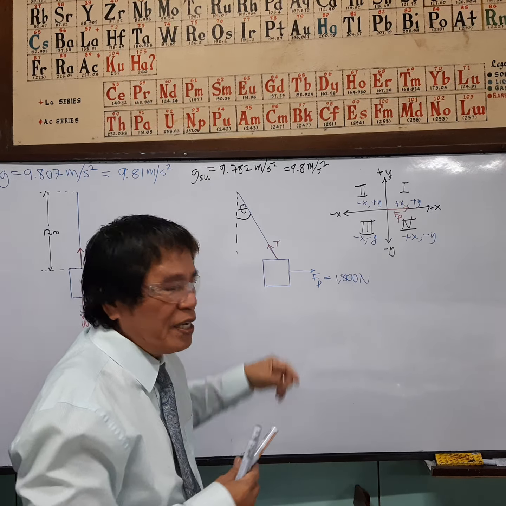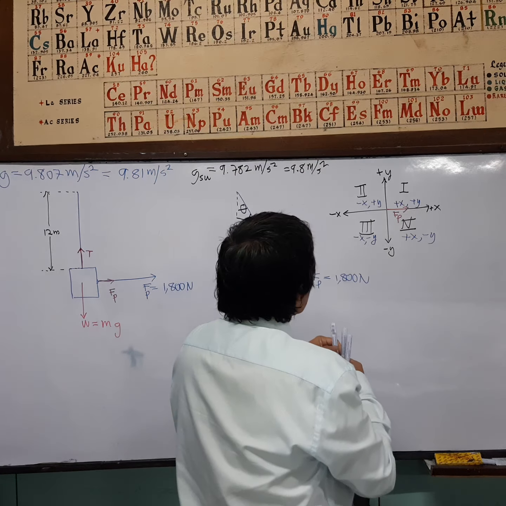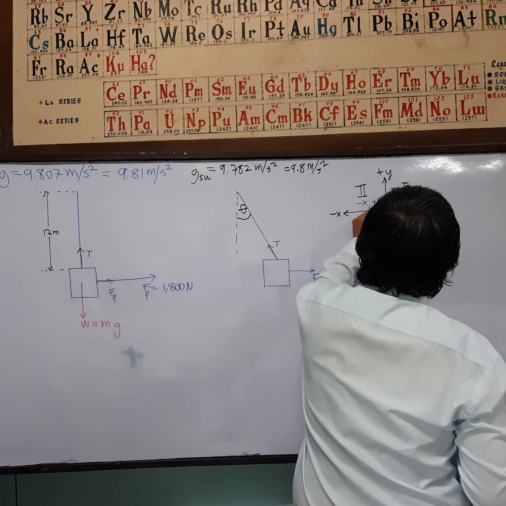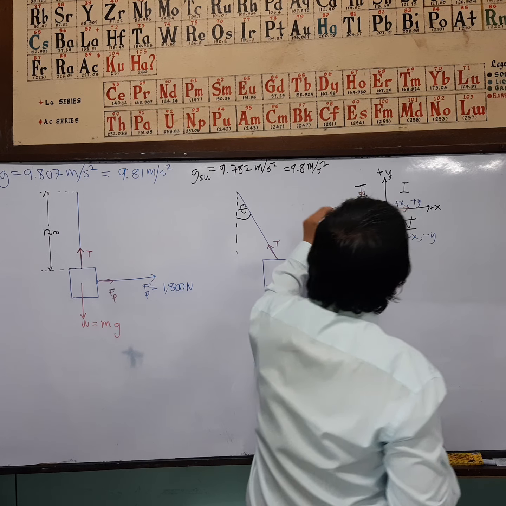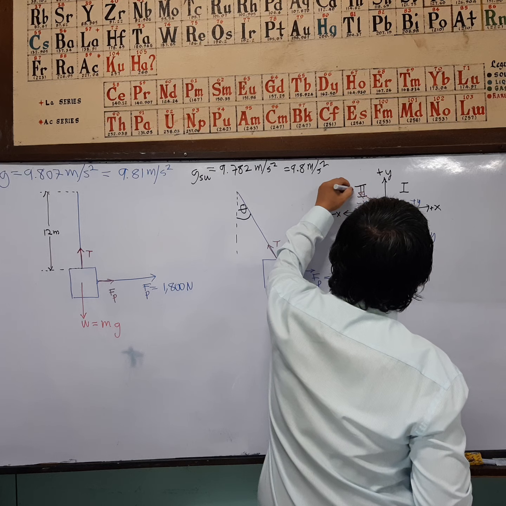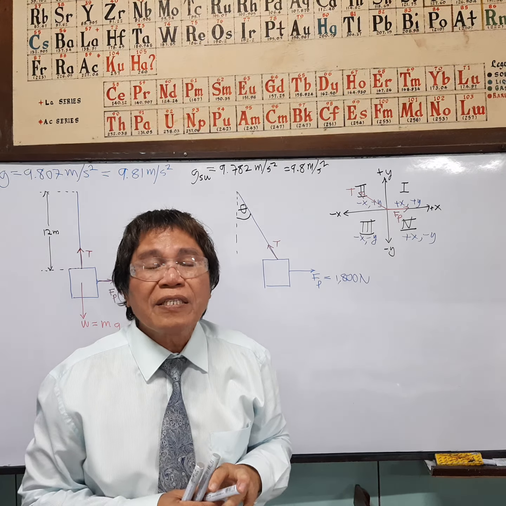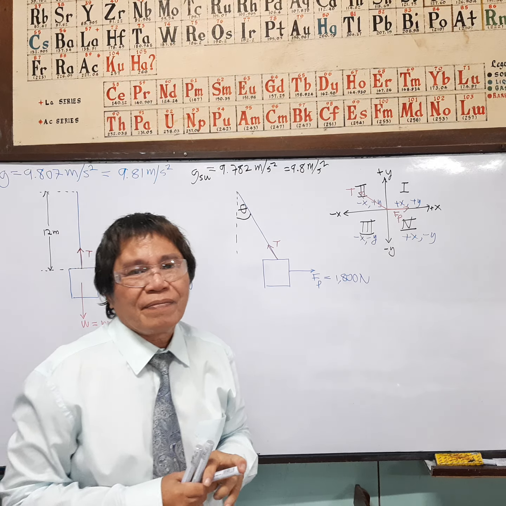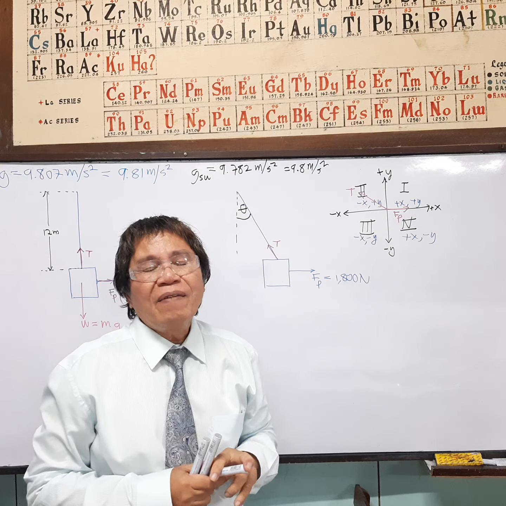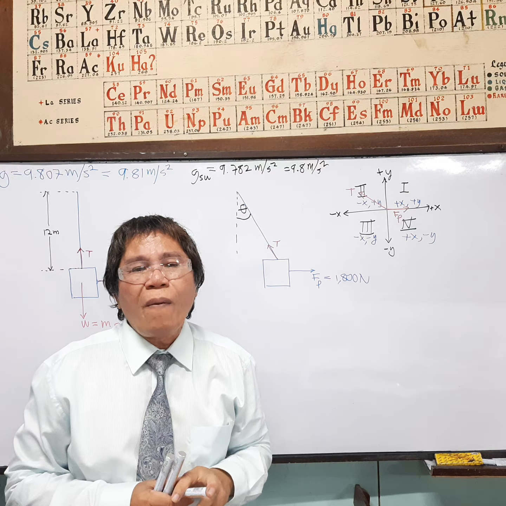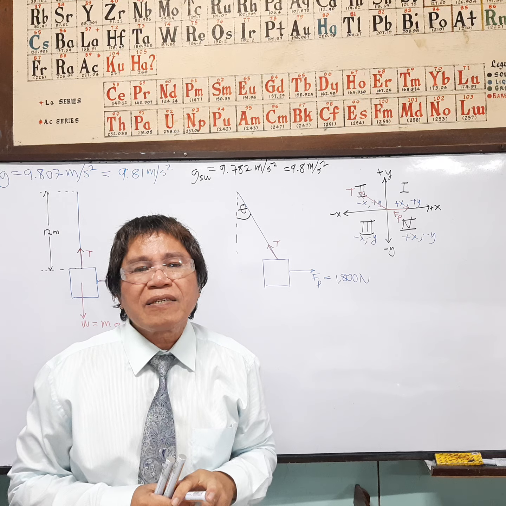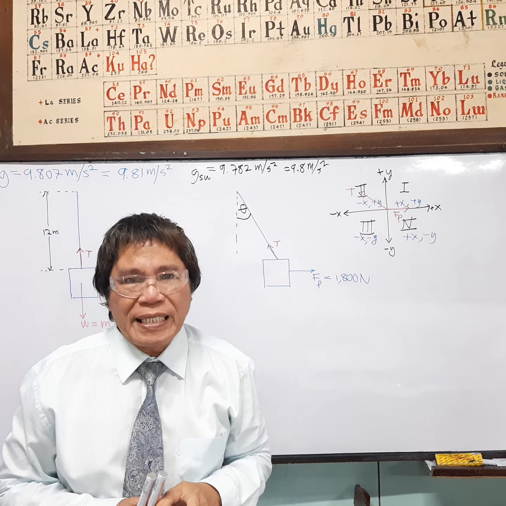Then the tension here, our tension is here. On the second quadrant, this is our tension. Our tension located on the second quadrant. And therefore, tension has two components, x component and y component.